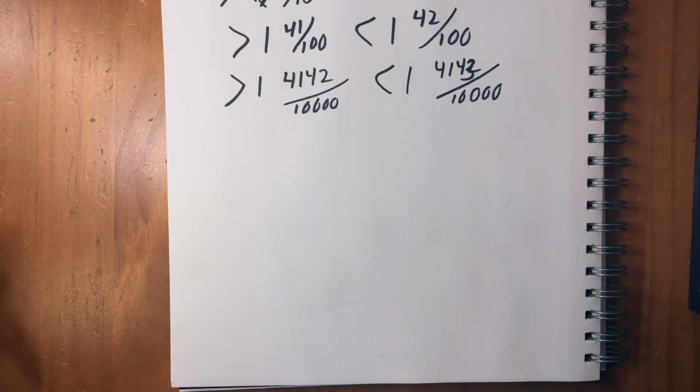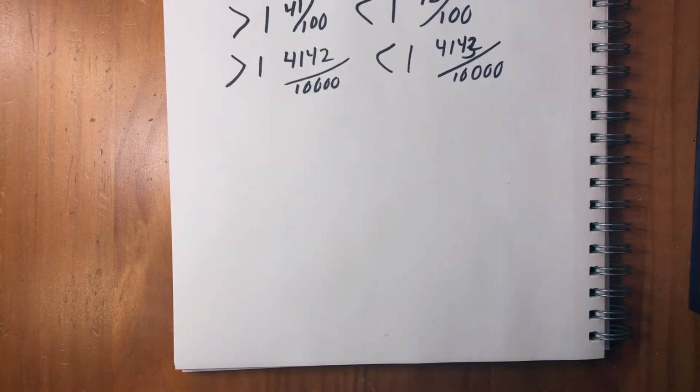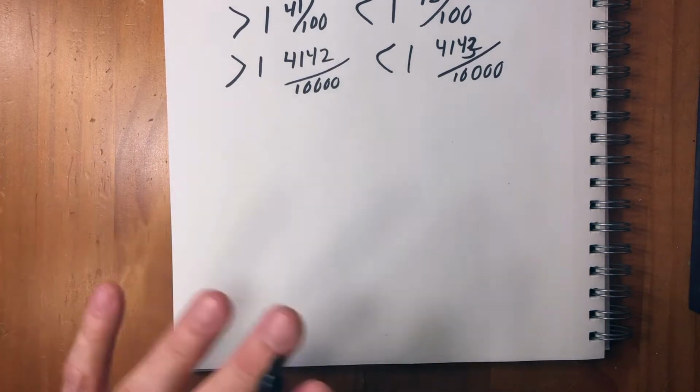So let's look a little more at what that means, because where we're going with this is that the real numbers are going to solve that problem. Let me switch pages.